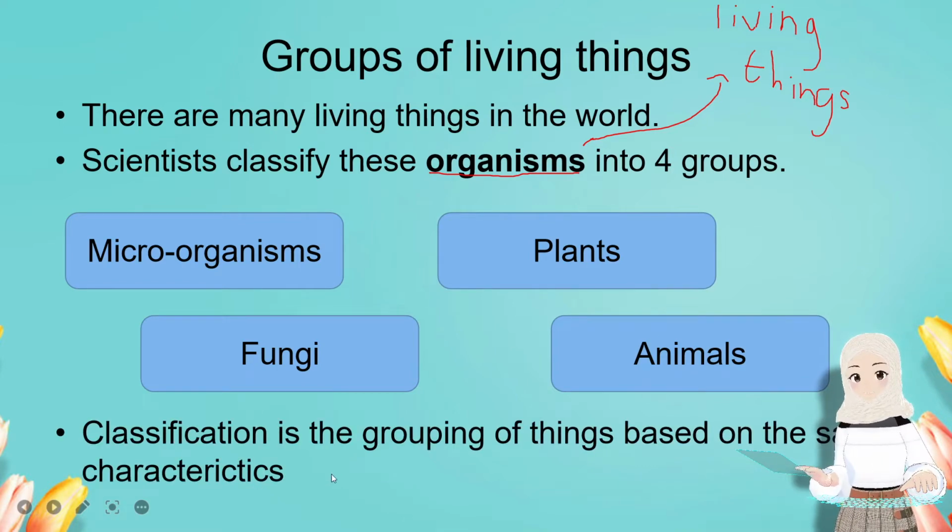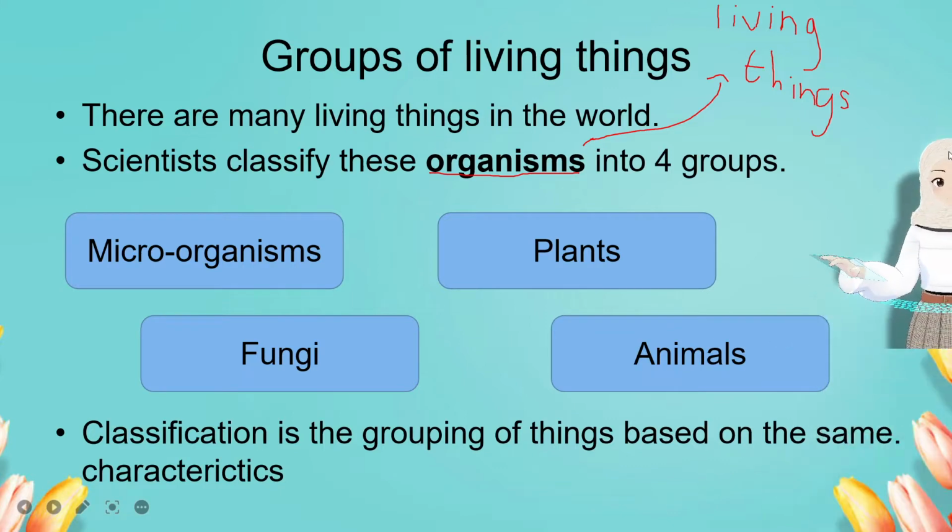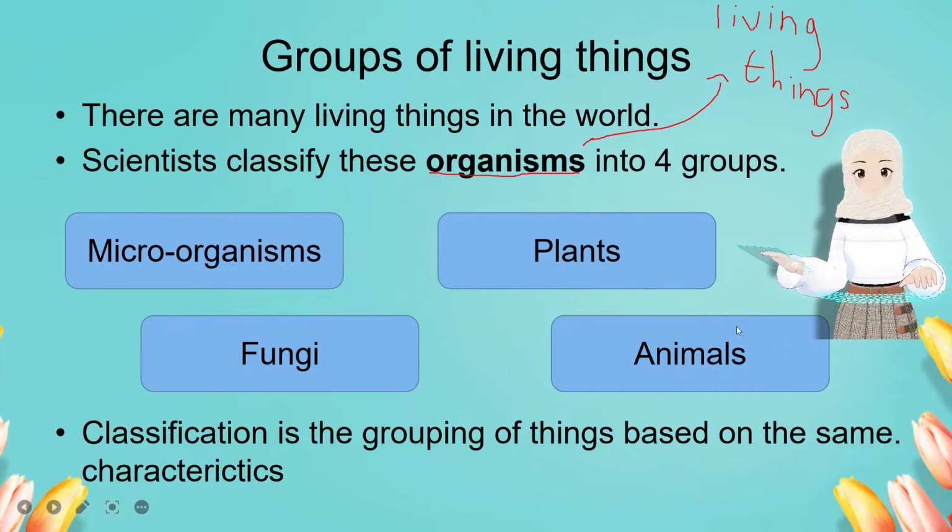Okay, so what is classification? Classification is the grouping of things based on the same characteristics. Artinya, classification ini bagi kumpulan pasal benda-benda dalam kumpulan itu ada yang samanya.